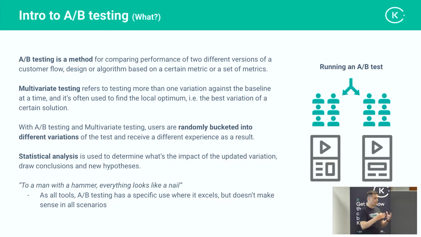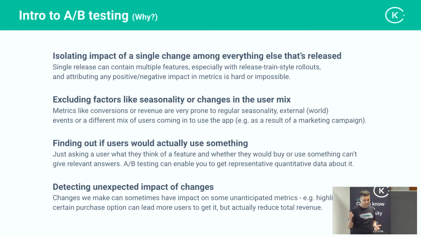There are certain things which really make sense to A/B test, while there are certain things which can only provide you with additional engineering effort and additional time to validate, but they're not actually that important to validate with an A/B test. And so that ties into why you want to do A/B testing and what kind of changes are the best to A/B test.